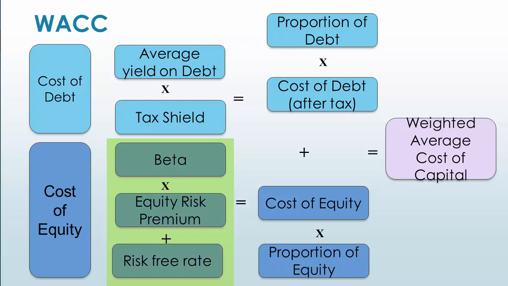We need to know what the risk premium is, in other words, what the general market earns over and above the risk-free rate, and we need to know what that risk-free rate is. If we multiply that out, we'll get the cost of equity, but then we need to multiply that by its proportion, and when we add the top half to the bottom half, that's how we get to your weighted average cost of capital.